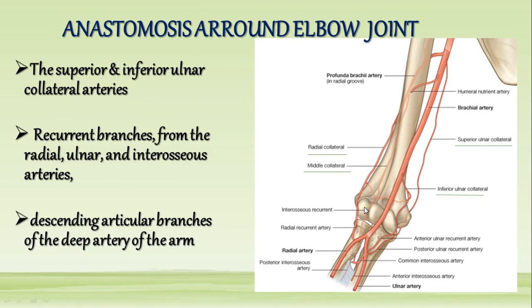Now all these arteries anastomose at the level of the elbow joint to form a collateral circulation.